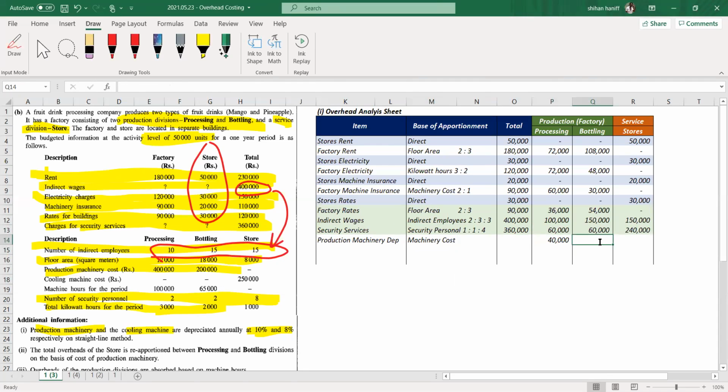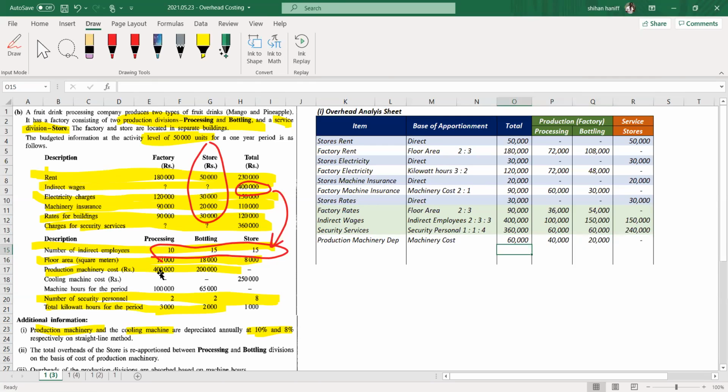Then 200,000, 20,000. So total depreciation is 60,000.